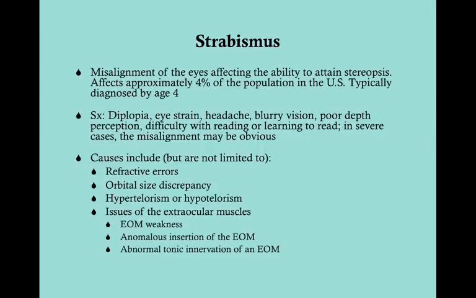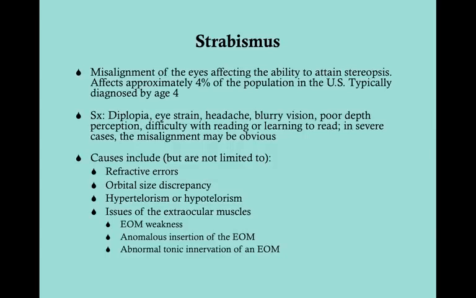Causes of strabismus include, but are not limited to, refractive errors. So that would be problems in one or both of the lenses that result in images that are not focused properly on the retina. Orbital size discrepancy, hyper or hypotelorism, which can be a feature seen in a lot of sequences, congenital sequences.